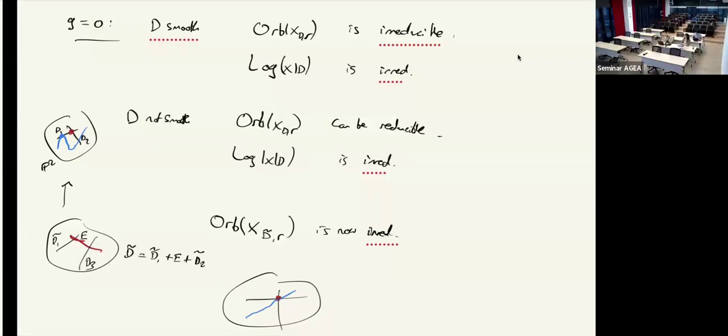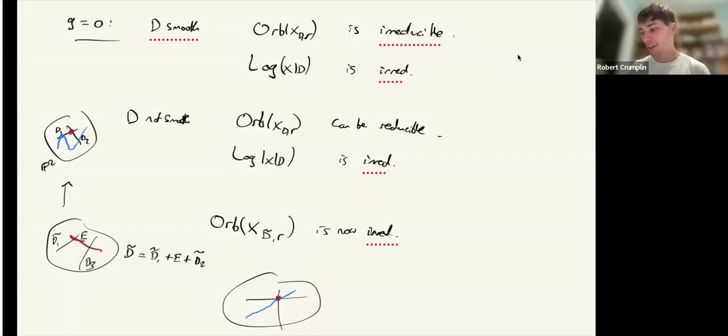I see. So if you impose some weird condition like the curve is tangent to D1 with tangency 2 at the point of intersection, and tangent to D2 with tangency 3 at the intersection. Yeah, you could do that, or just tangency 2 and tangency 2 with each of the divisors, but at the same point. That's when stuff goes wrong.